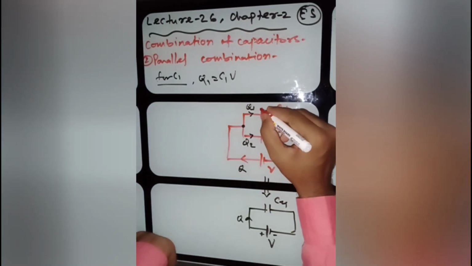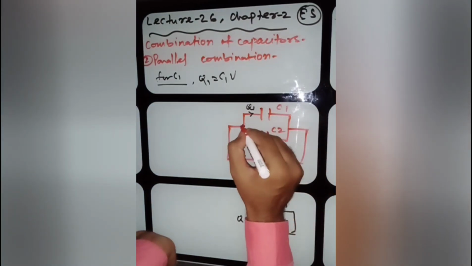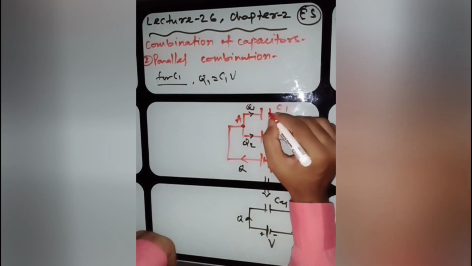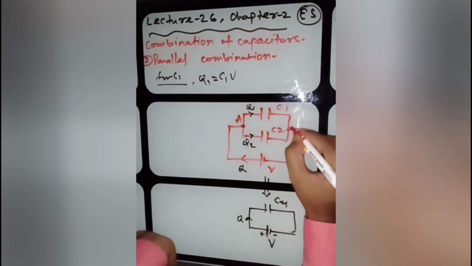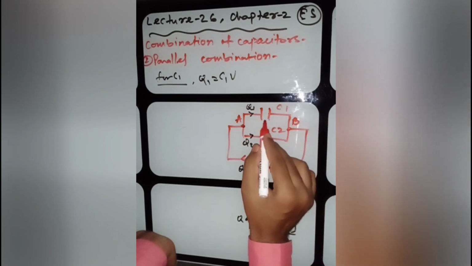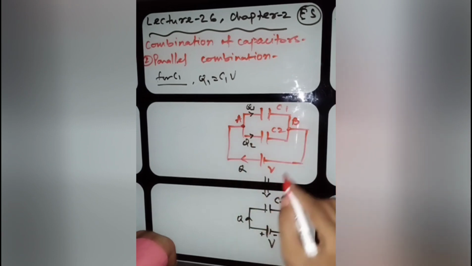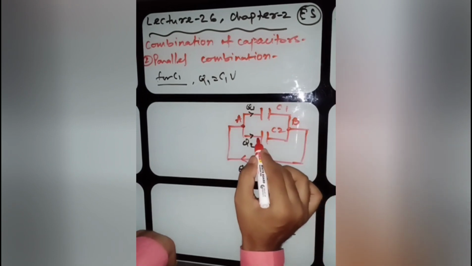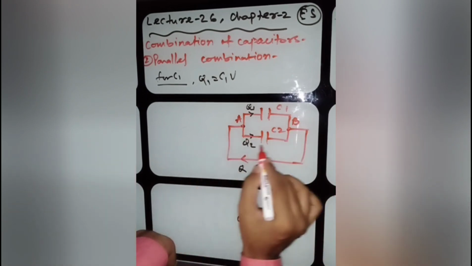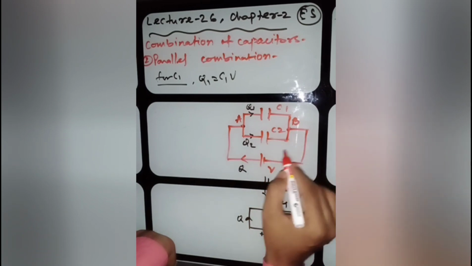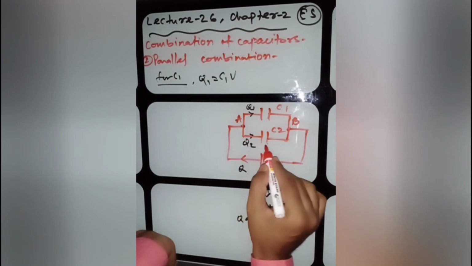One terminal of this capacitor is connected to A, the other terminal is connected to B. It means this capacitor has potential difference VAB. Now for this capacitor, one terminal is connected with A, another with B. It means this also has the potential difference VAB.